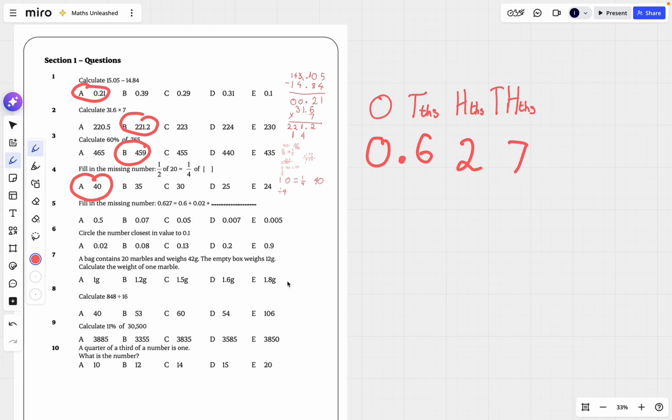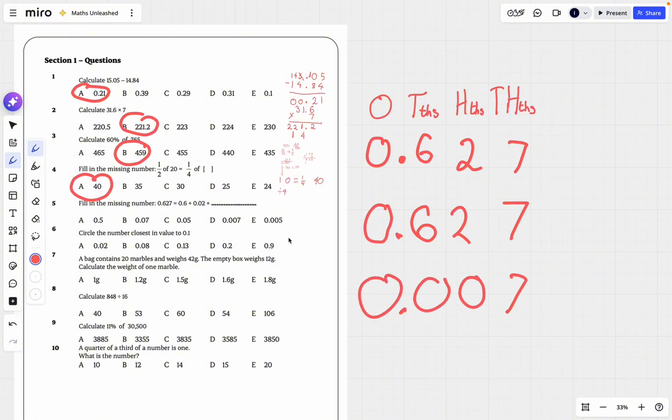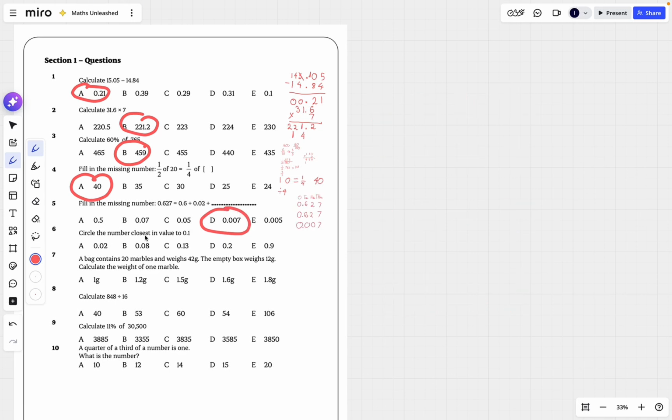Then we have an equal sign, and we have 0.6, 0.02. This adds up to 0.62. The only thing that's missing is a 7, but it is in the thousandths column. So that means this is 0.007, which is D.